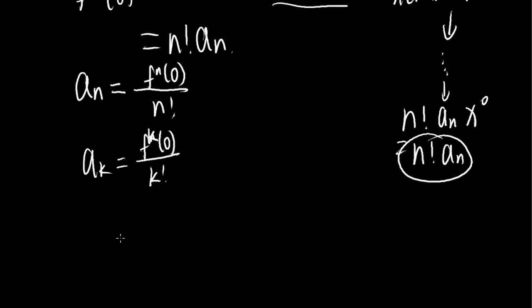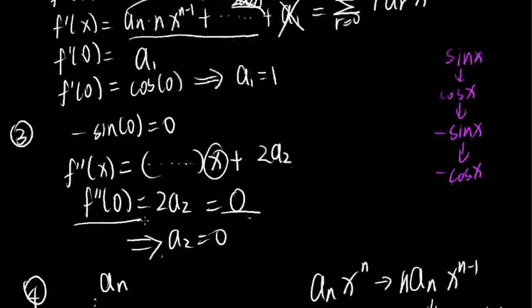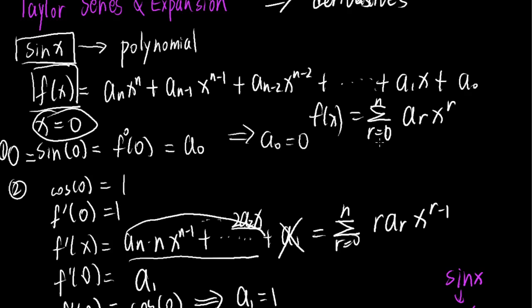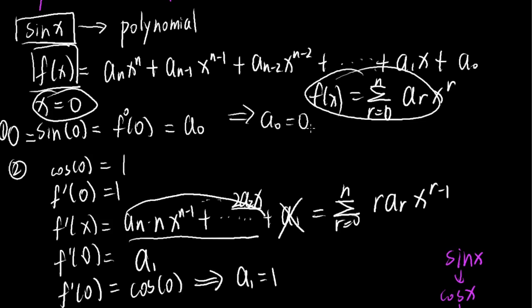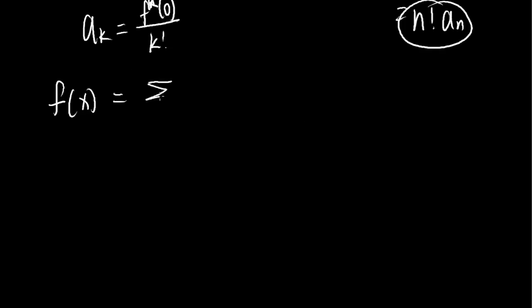And we've got Taylor's expansion formula, which is f(x) equal to, if we write it in the form of a summation, the original form is like this, and we substitute our formula for a_k.